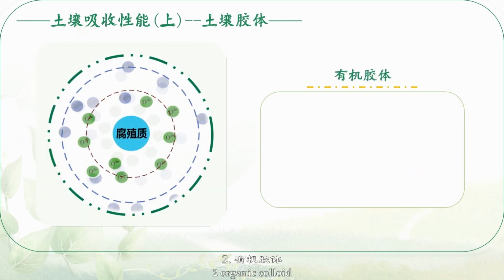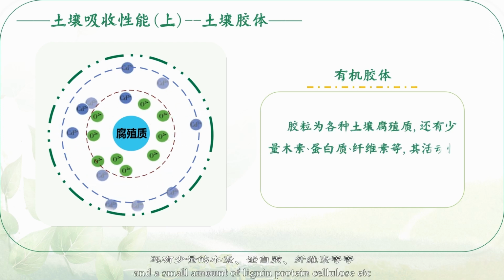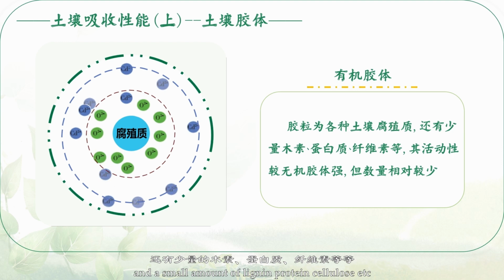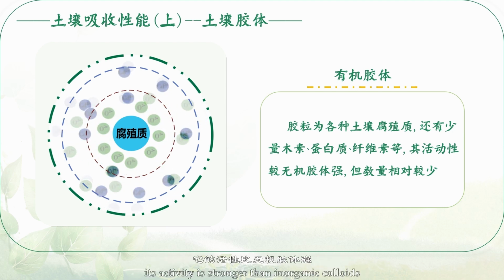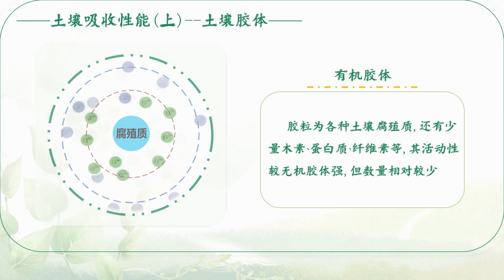Organic colloid. Colloidal particles are all kinds of soil humus and a small amount of lignin, protein, cellulose, etc. Its activity is stronger than inorganic colloids, but its quantity is relatively small.